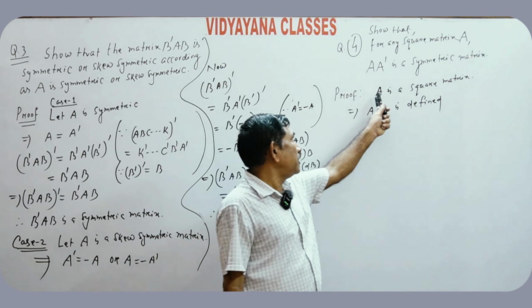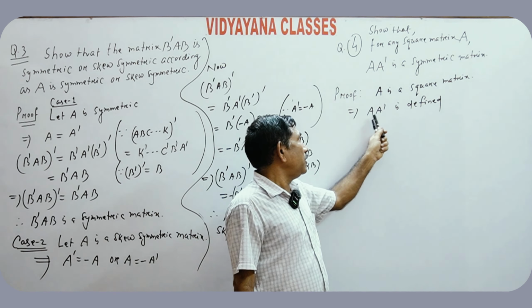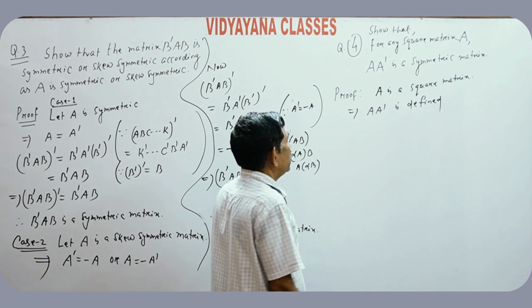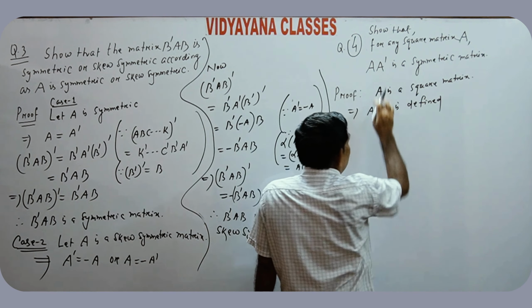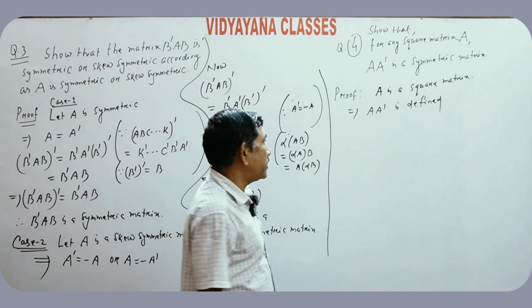Clear? Since A is a square matrix, A transpose is defined. We have to prove A A transpose is a symmetric matrix.